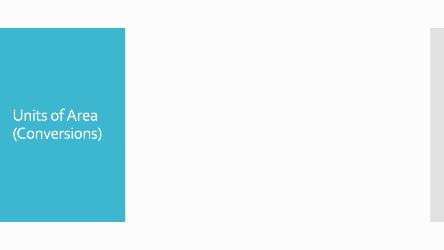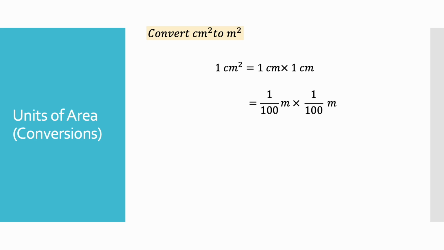Let's learn how to convert square centimeters to square meters. We start with 1 centimeter square is equal to 1 centimeter multiplied by 1 centimeter. We know that 1 centimeter is equal to 1 by 100 of a meter. So 1 by 100 meters multiplied by 1 by 100 meters.